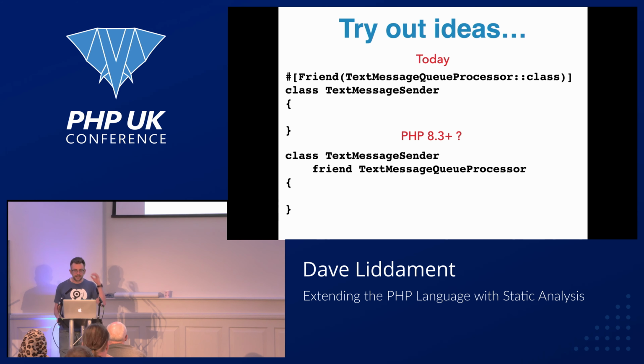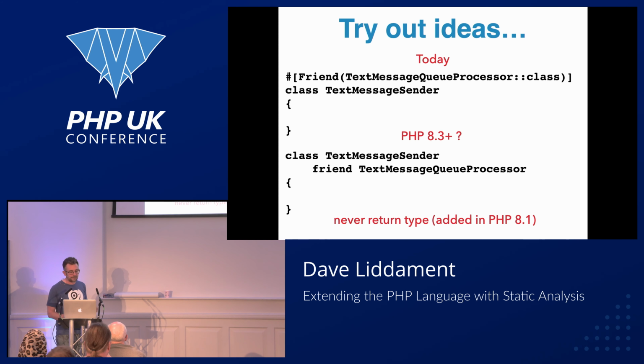And there is actually a case where this has happened. In PHPStan and Psalm, they had this return type of never. It's probably not very commonly used in code bases, but it was there. And then that got added to PHP 8.1. So this idea of taking ideas from static analysis and finally implementing them in the language does happen.